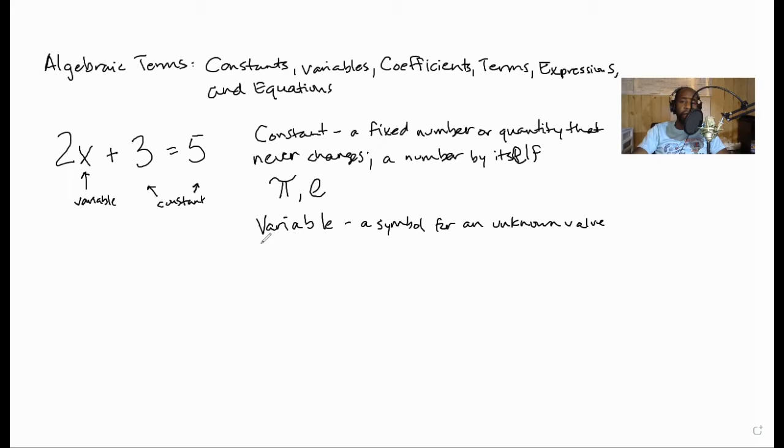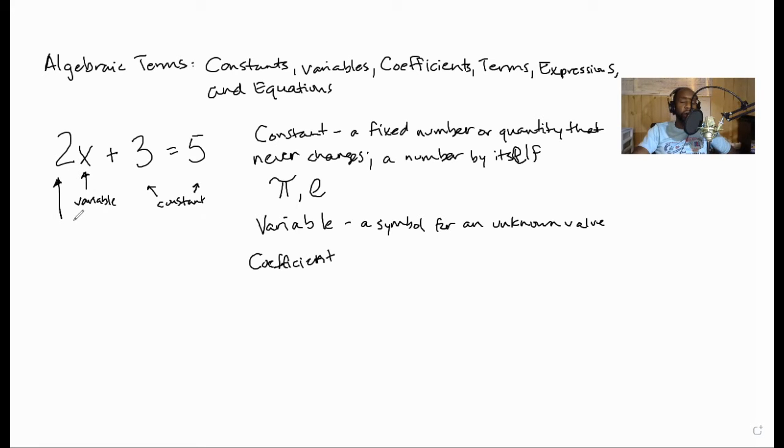Now, let's look at coefficient. You might look at 2 and say, oh, that's a constant, but it's not a constant because it's not a number by itself. The number does not change, but it's not by itself. It's joined up together with the variable.